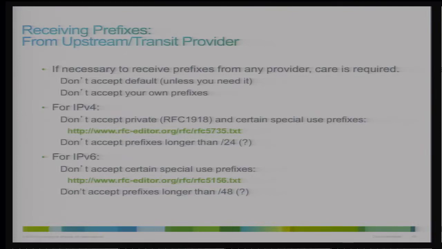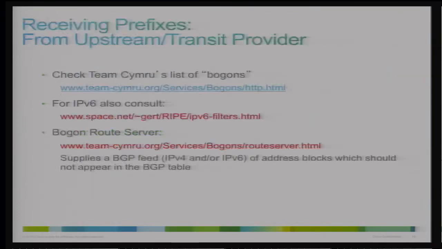The next one explains bogons, including private IP addresses and certain prefixes that are not supposed to be advertised between different ASs. You can get that list from the Team Cymru website. I know it's pronounced differently; I forgot how it's pronounced.